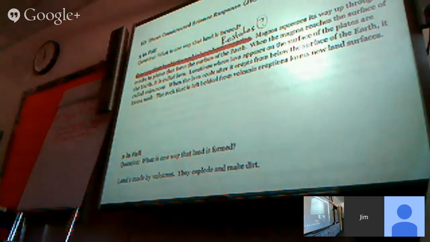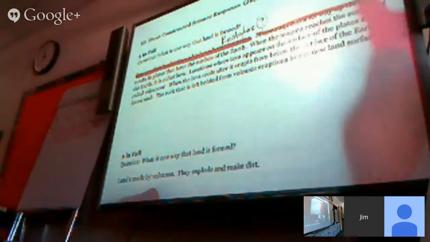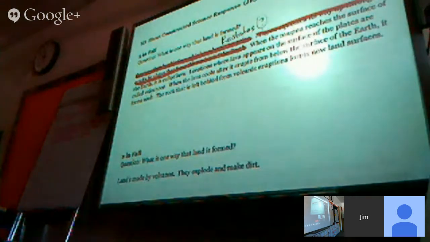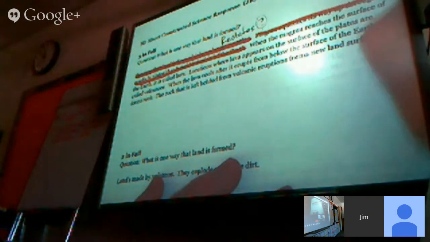Magma squeezes its way up through cracks in plates is an example of a specific detail. Please go ahead and highlight that spot in saying that it is a specific detail. When magma reaches the surface of the earth, it is called lava. That's also a specific detail.